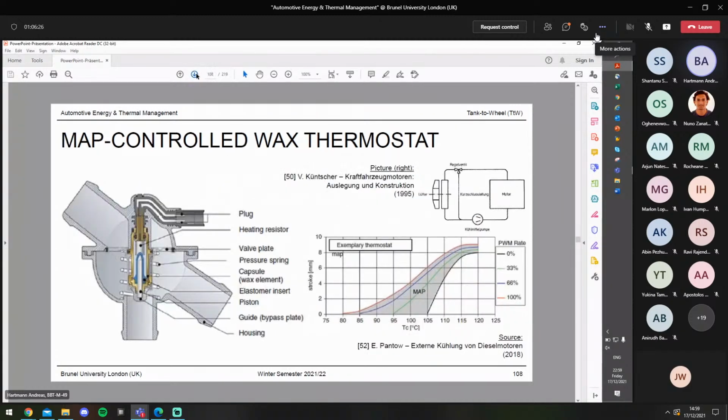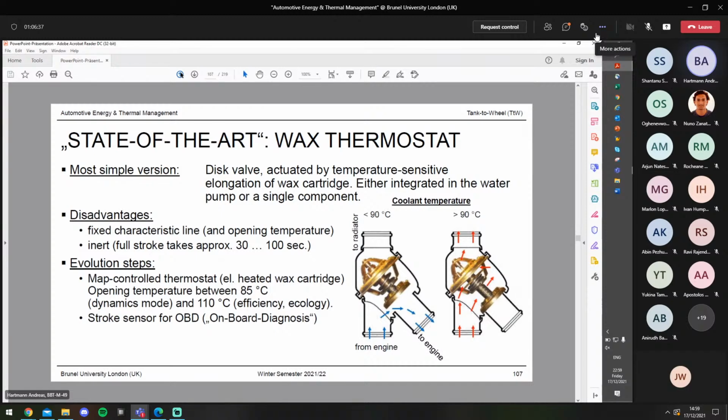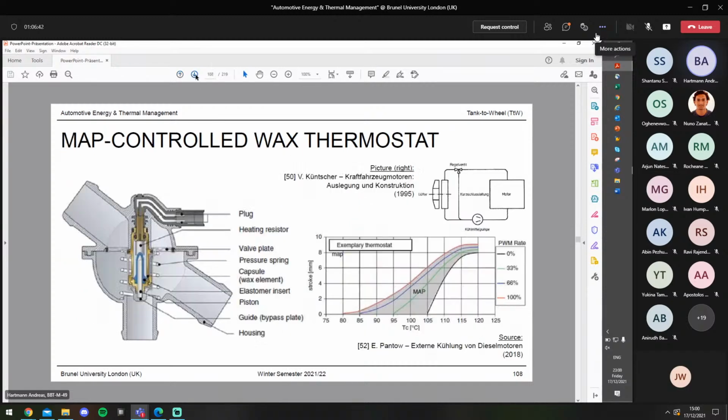And in order to overcome this, map-controlled wax thermostats have been introduced. It's the very same approach, but you can even heat the wax and therefore force the thermostat to open much earlier, much quicker. And how would you now make use of such a map-controlled wax thermostat?